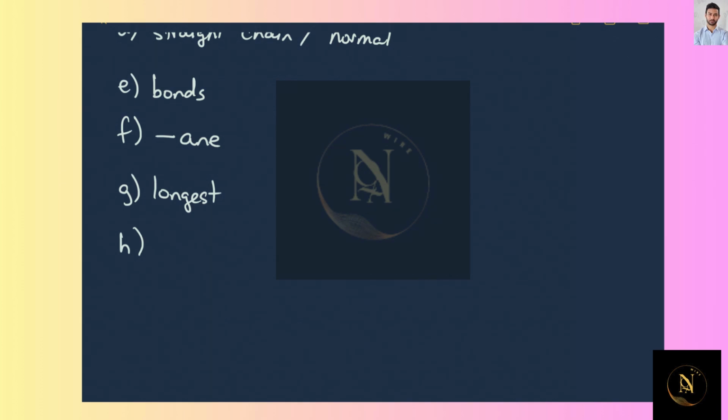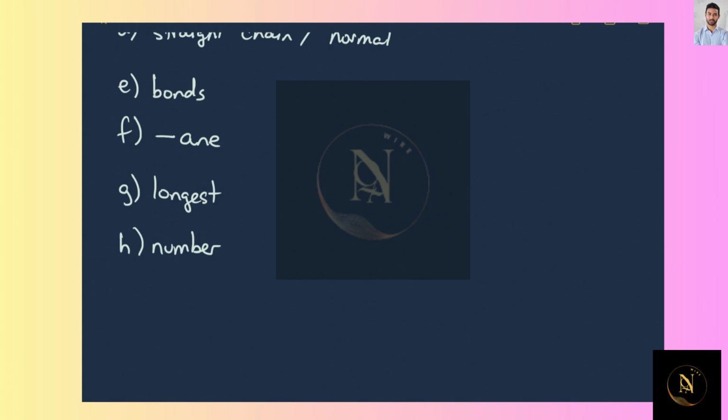For H, the position of substituents along the hydrocarbon framework of a molecule are indicated by the number of the carbon atoms to which the substituents are attached.